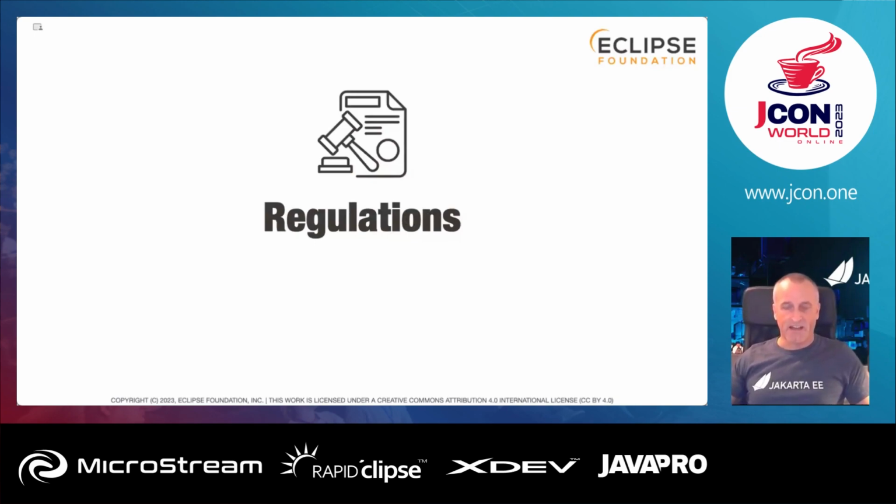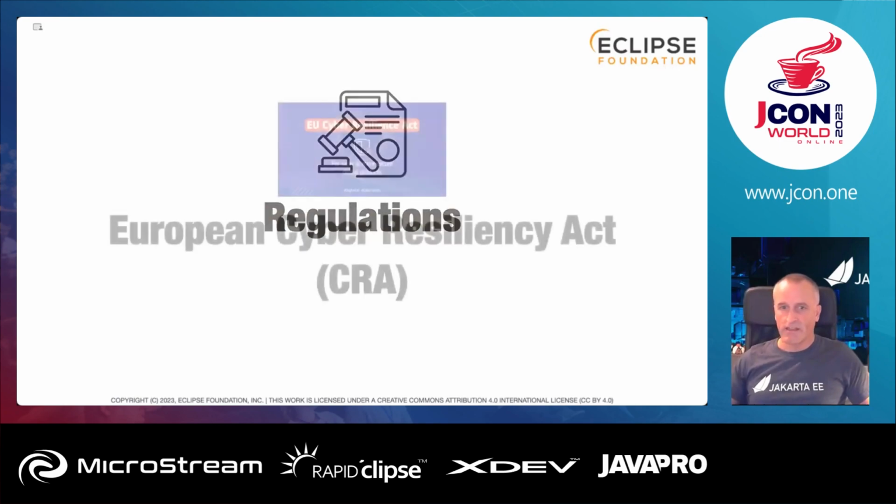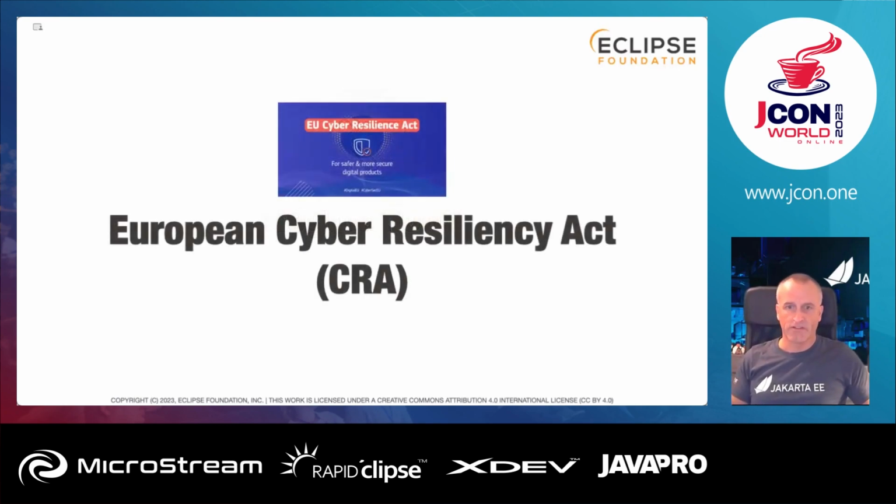The software industry has never been regulated in any way, but this is about to change. So I guess you've heard about the European Cyber Resiliency Act, or CRA, and that is something that is coming. It's in the European Parliament, and it's something that will sooner or later hit us in some way or the other. This is basically about CE markings for software projects.